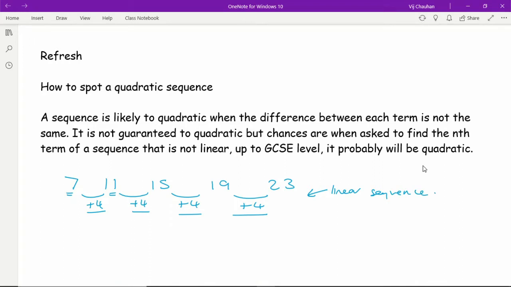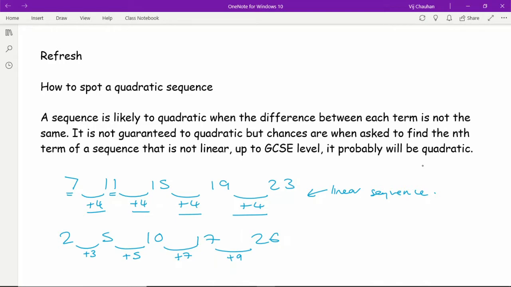Now if I ended up with a sequence that had, let's say, 2, 5, 10, 17 and 26, you can see here that the difference between the first and second term is +3, the difference between 5 and 10 is +5, then it's +7, and then it's +9.